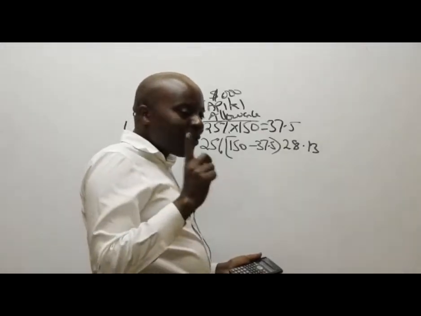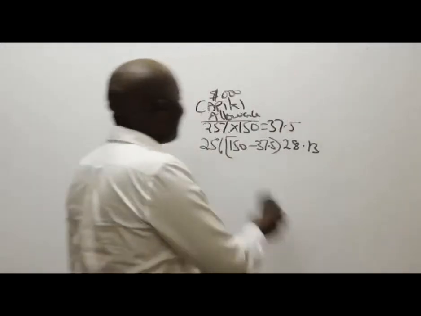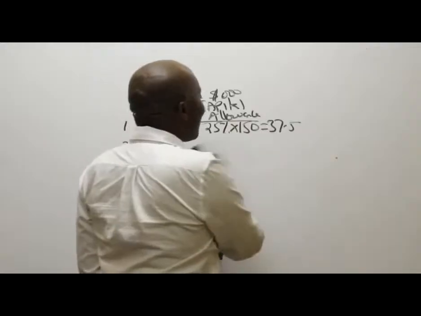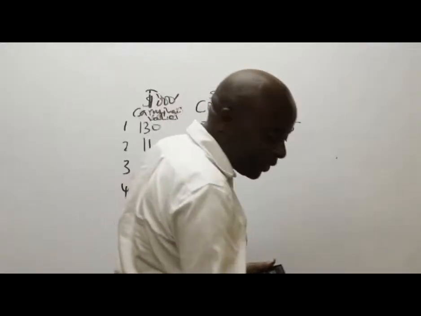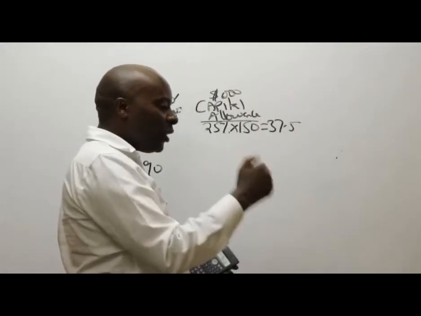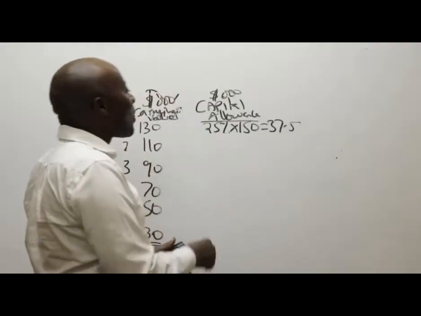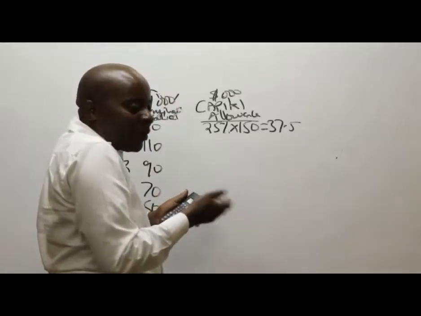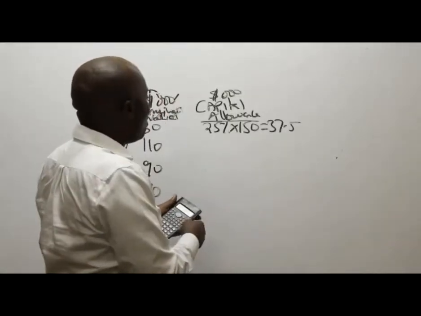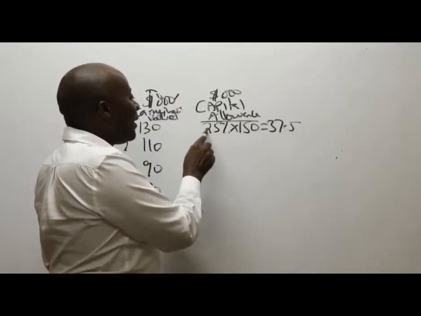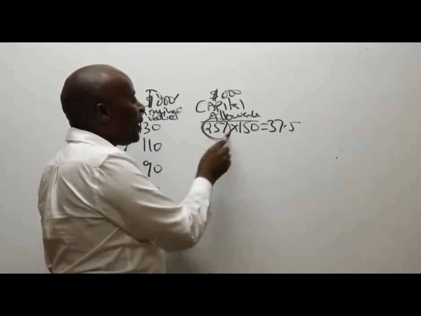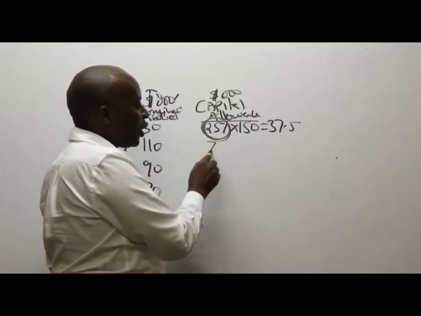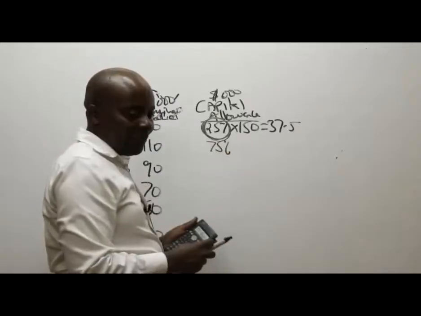But you see, my former students have already discovered a certain secret. Teacher, whenever it comes to percentage reducing balance depreciation, whenever I go to the subsequent years, I don't have to do quite a lot. What I need to do is look at the complementary percentage, which is 75%.